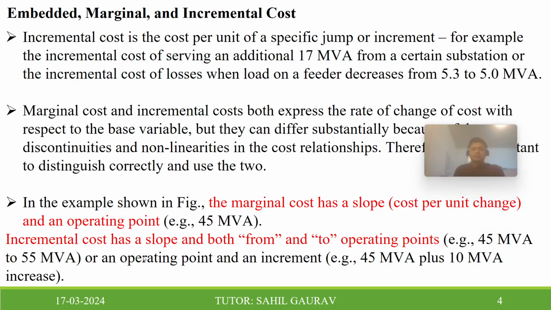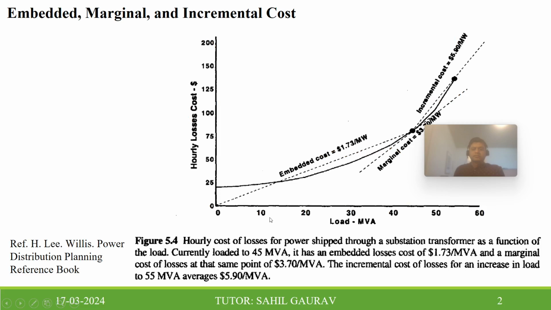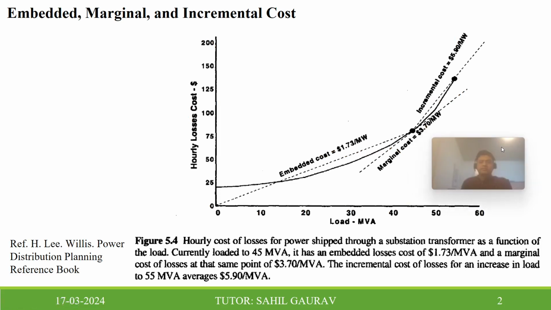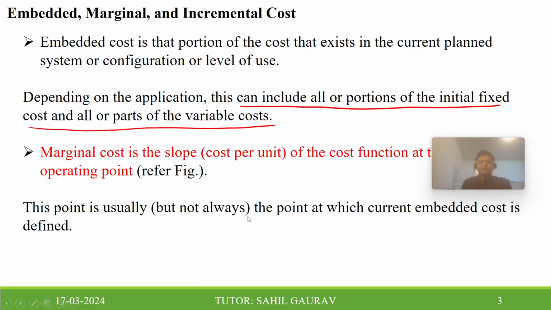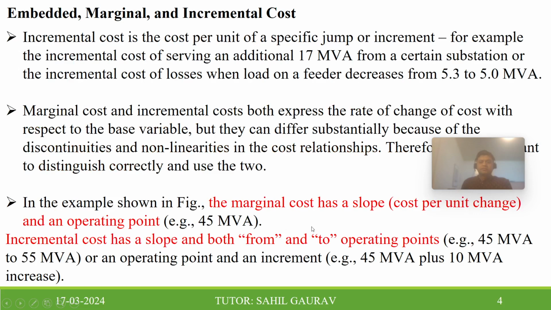In the example shown in the first figure, the marginal cost has a slope and an operating point, while the incremental cost has a slope and both from and to operating points. That is the difference.